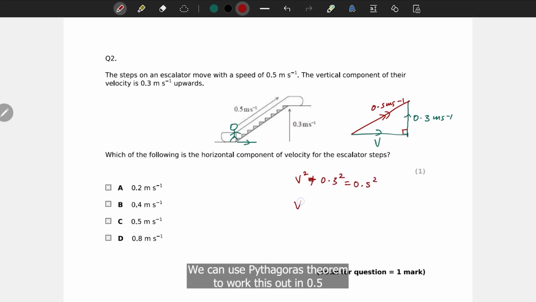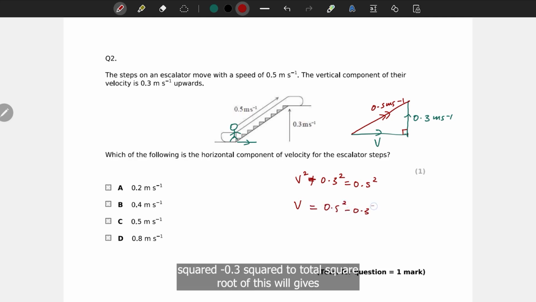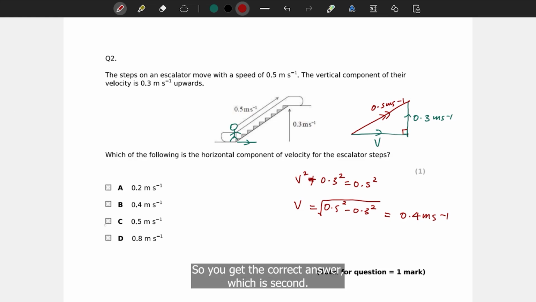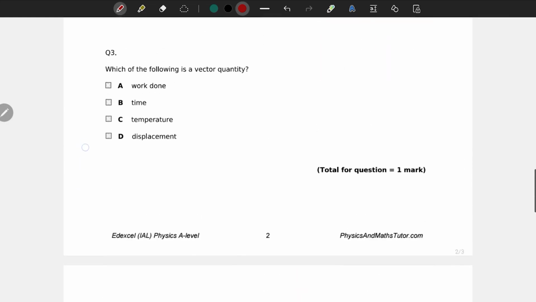We can use Pythagoras theorem to work this out. And 0.5 squared minus 0.3 squared, the square root of this will give you the final answer, which is 0.4 meters per second, right? So you can pick the correct answer, which is the second answer, right?